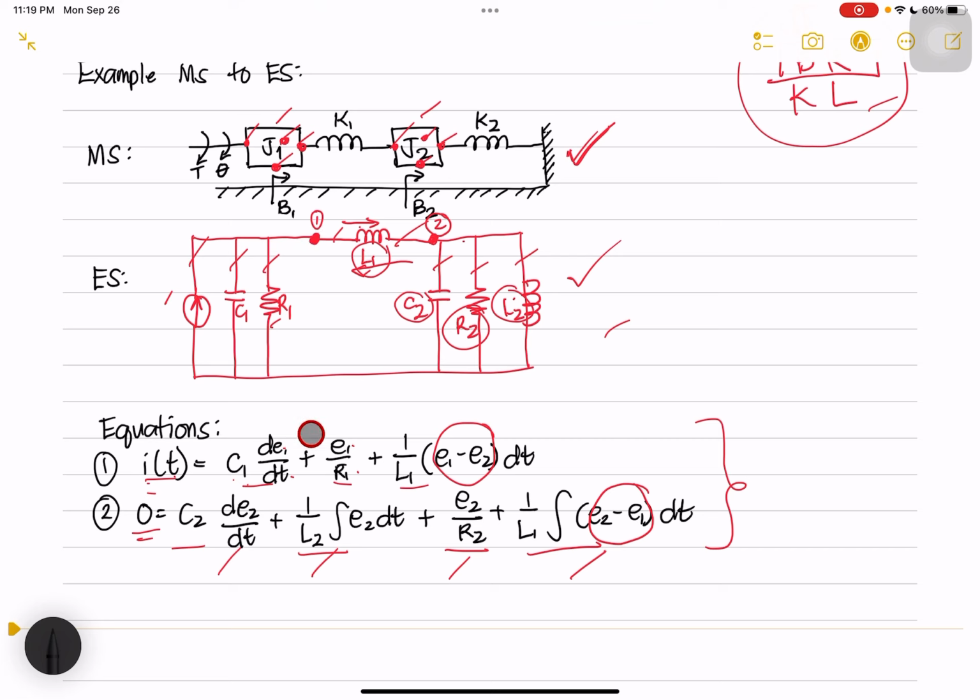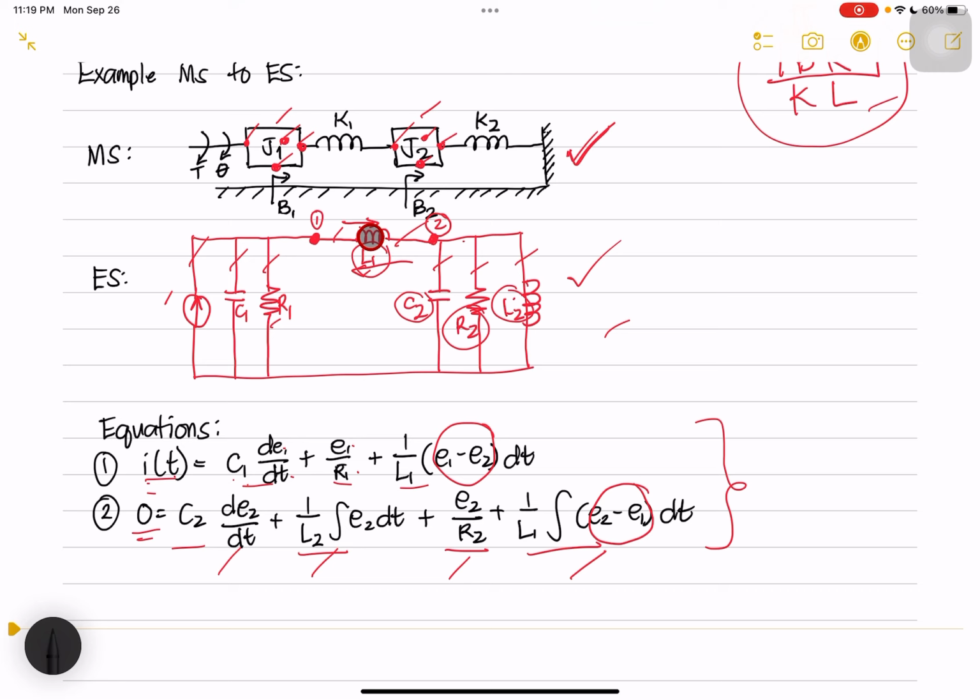This one is E1. What E1 passes through will be C1, R1, and part of this L1, because they are connected to this node. Next, E1 over R1, plus 1 over L1, because this is also connected to E1, or node 1.